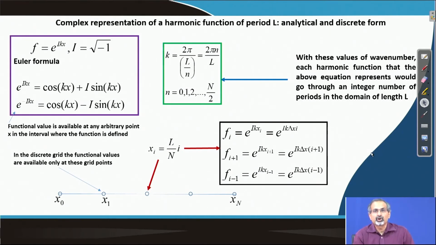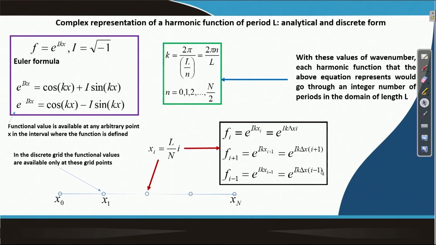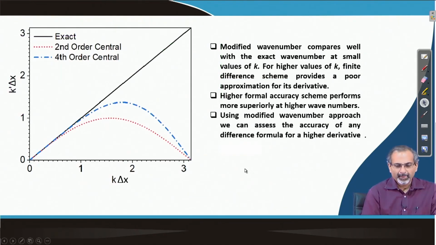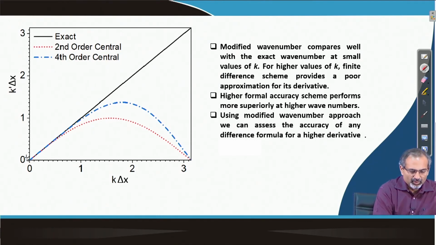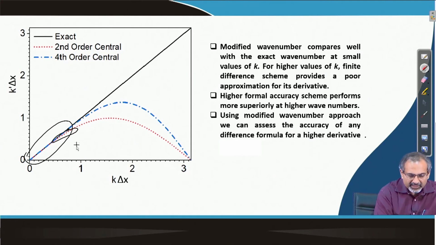Now, if we were to plot this exactly over the range of values of k, we would be able to see a graph which looks like this, and you find that in the lower ranges of k times delta x, you have a fairly good match. But then you can see that the red dotted line, which stands for CD2, is deviating off from the exact plot earlier than the blue plot, which stands for CD4.